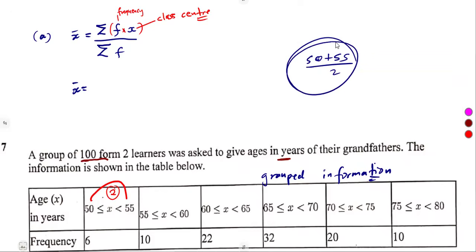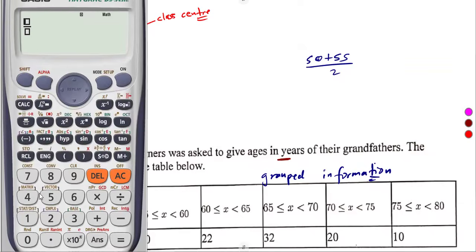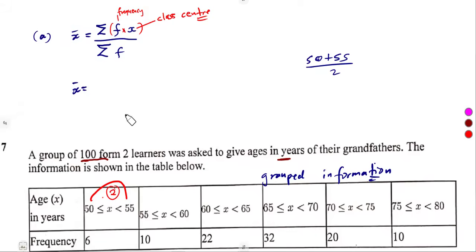You don't need to show this information, guys, it's just your calculator. That's 50 plus 55, then everything over 2. That was going to give us 52,5.